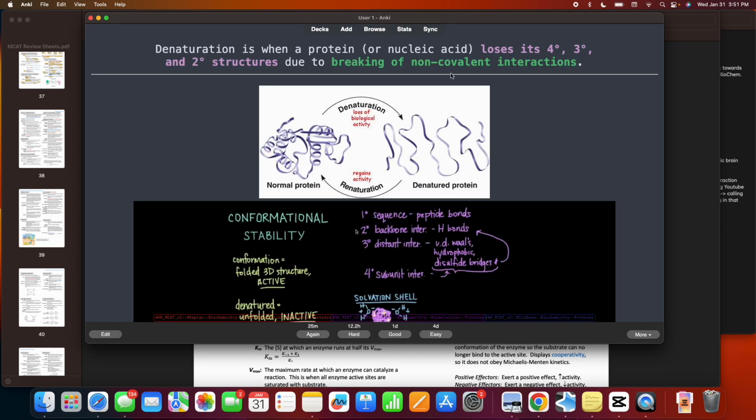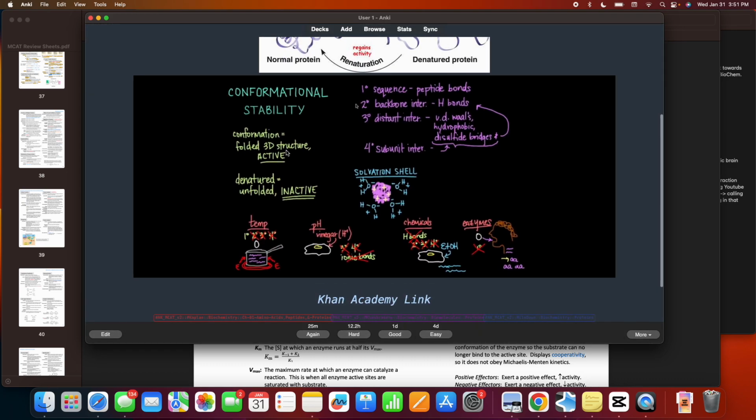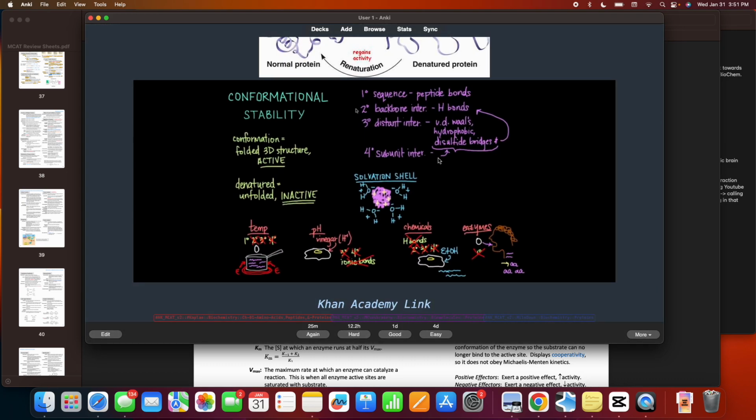So non-covalent bonds are these hydrophobic bonds that happen between these functional groups within the tertiary structure, or even quaternary structure or anything else, right? So here we can see that for the tertiary structure we have the van der Waals bonds, the hydrophobic interactions, disulfide bridges, and hydrogen bonds.